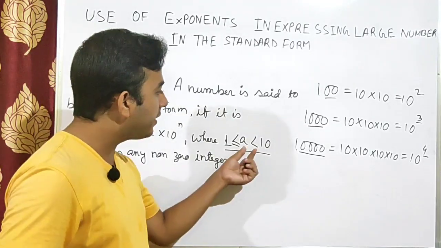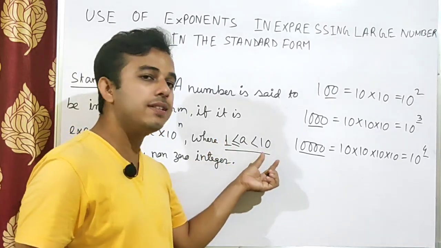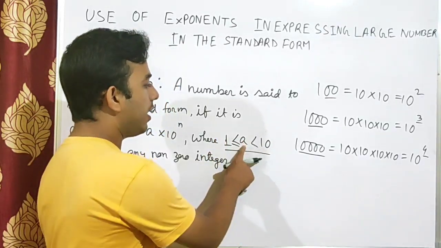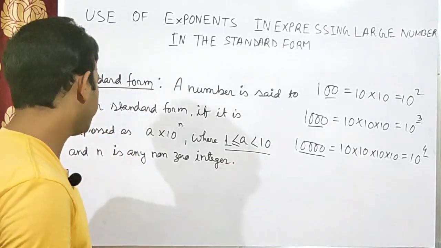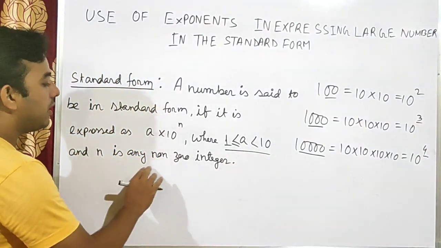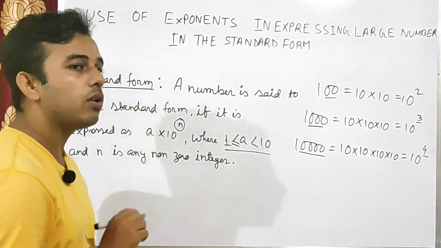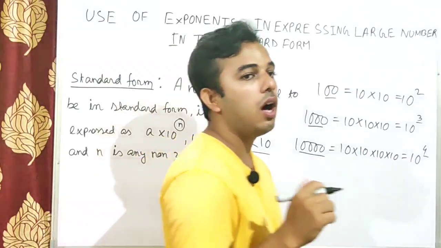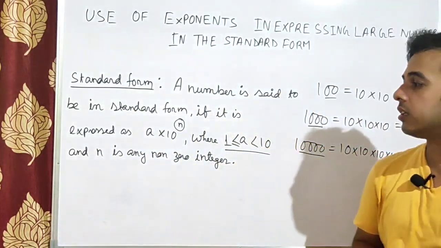And a is less than 10. And n is any non-zero integer. In this case we will never find n as 0. Clear?